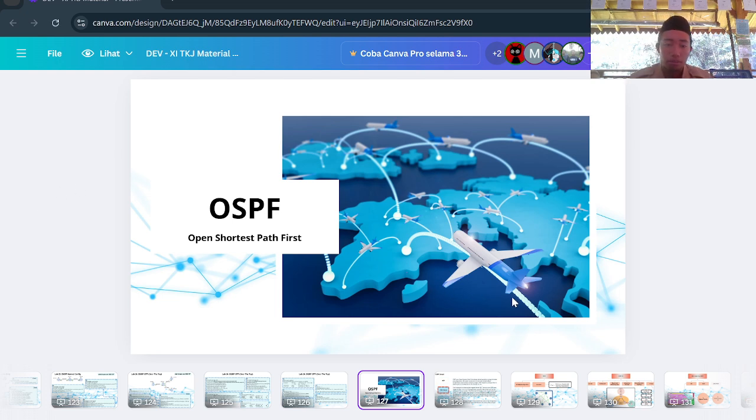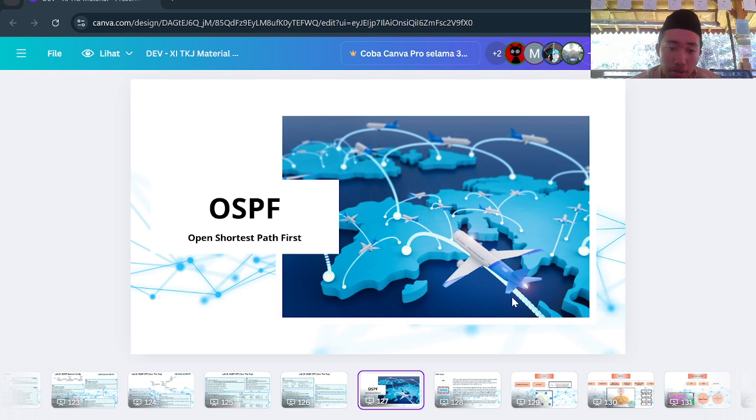So what is OSPF? OSPF, Open Shortest Path First. It's an IGP, interior gateway protocol, based on link state technology. In the IGP there are three types: distance vector for RIP, link state for OSPF and IS-IS, and the last is hybrid for EIGRP.